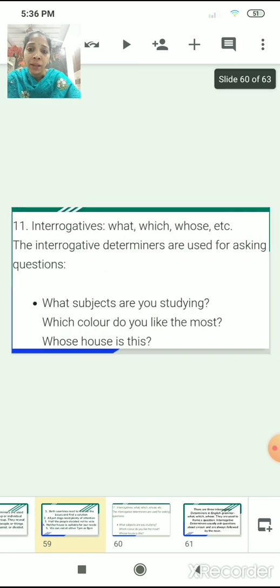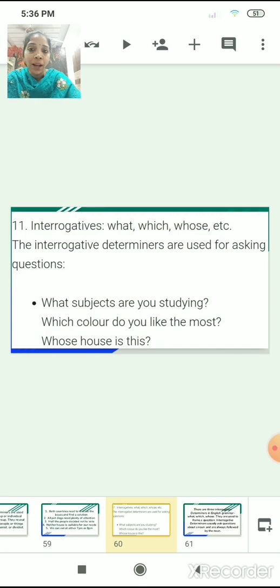Now moving ahead to the next determiner, the last one, interrogative determiners. There are basically three interrogative determiners in English grammar which we commonly use: what, which, whose. They are mainly used to frame questions.